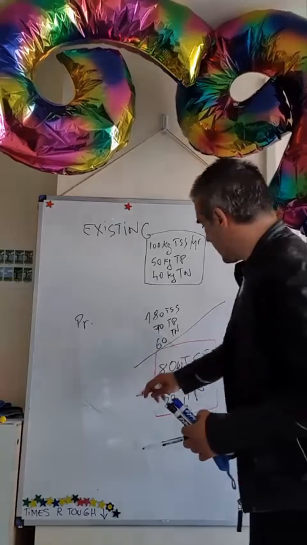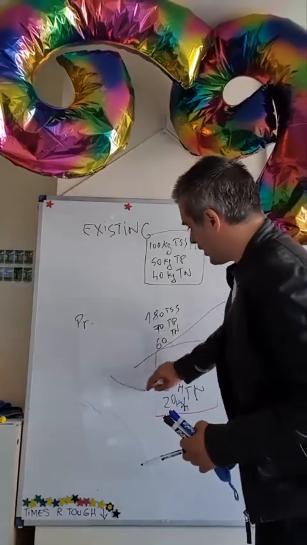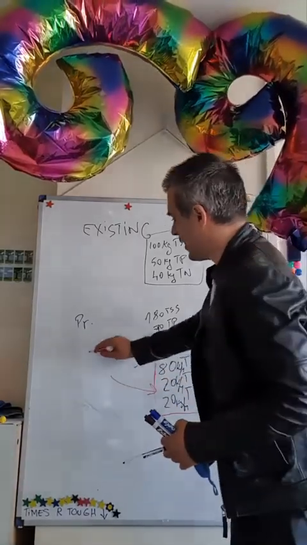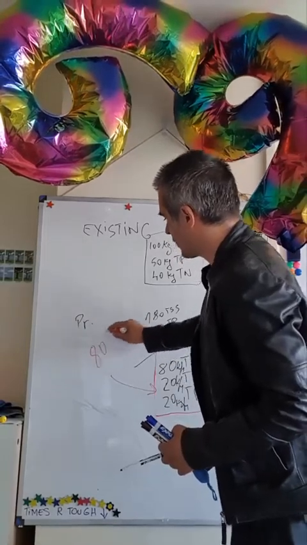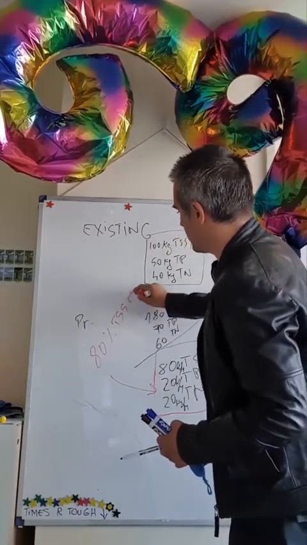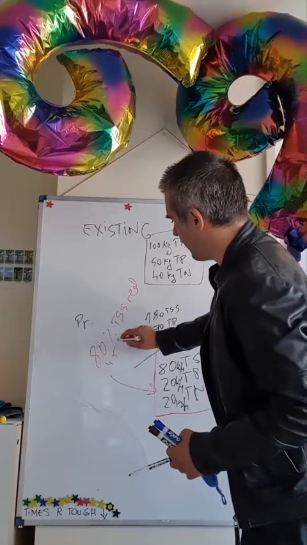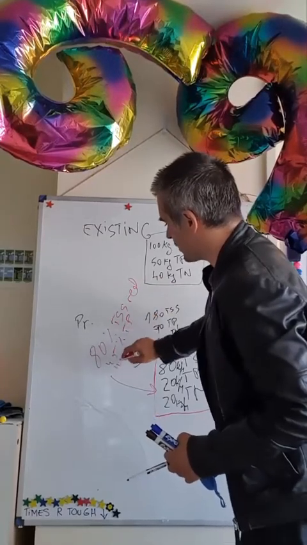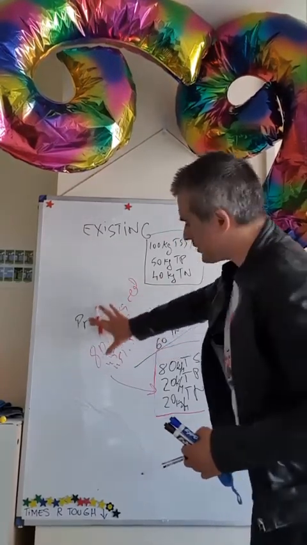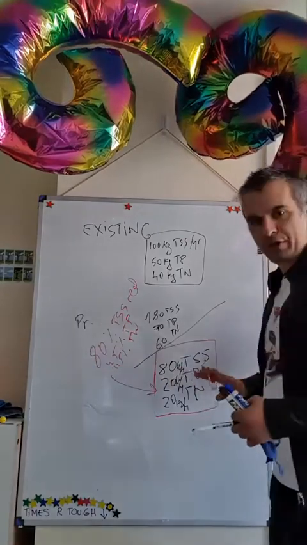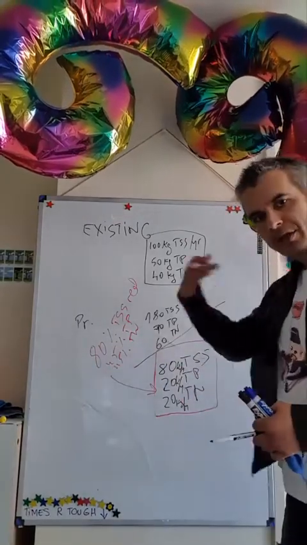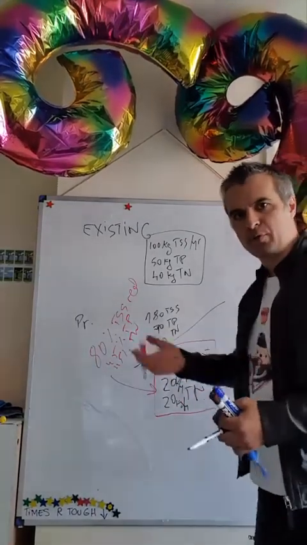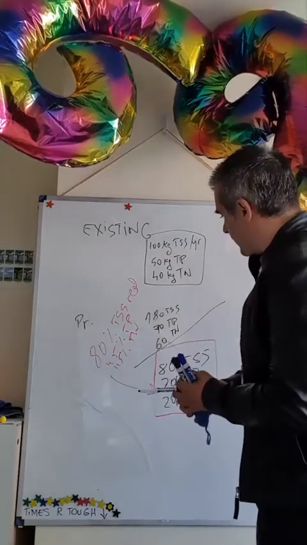So we can interpret the rules in such a way that the 80% TSS reduction and 45% TP, 45% TN reductions only apply to the difference. And this is what our interface does by default. You don't have to worry, right? So what does that mean?